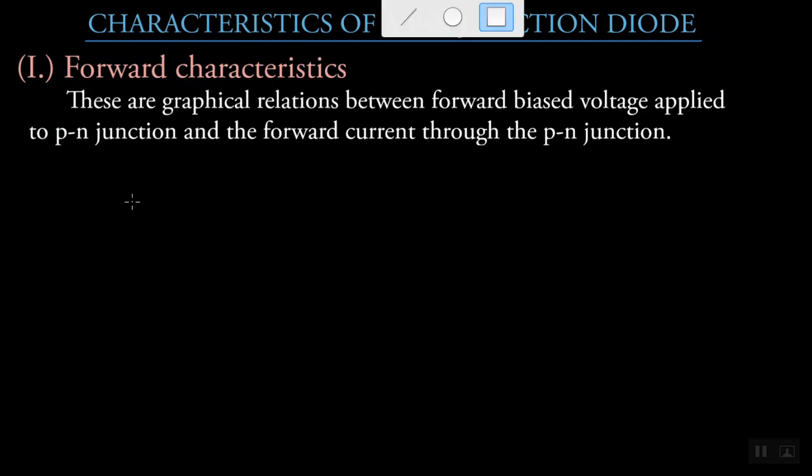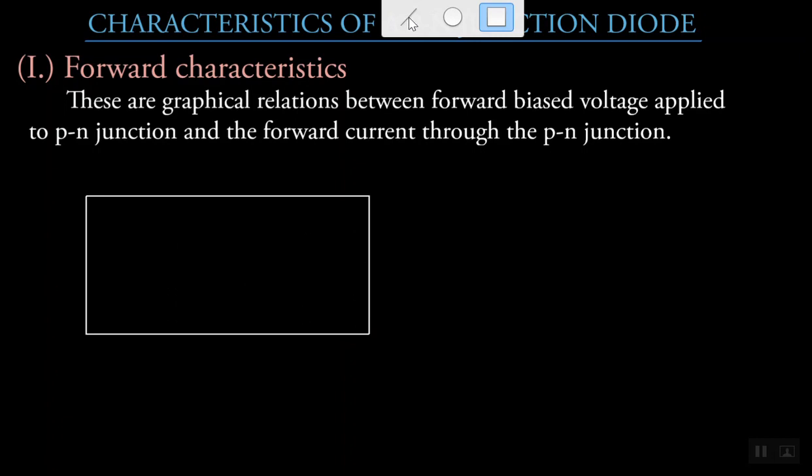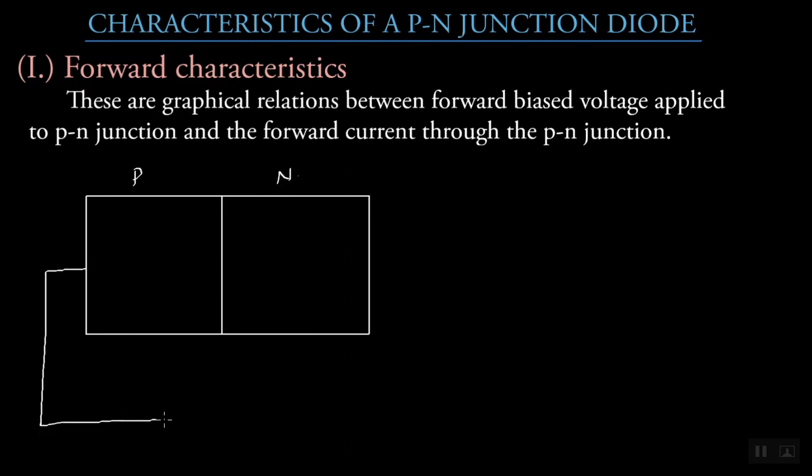Let me draw the PN junction once again. This is the boundary, this is the P side and that's the N side. The P side is connected to the positive terminal, whereas the N side is connected to the negative terminal, and V here is the biasing voltage.